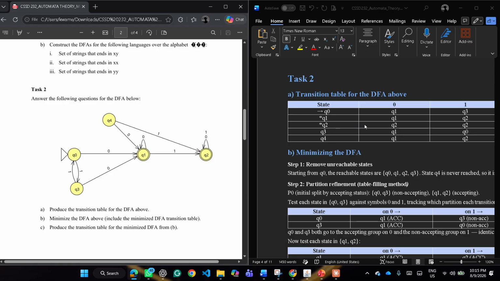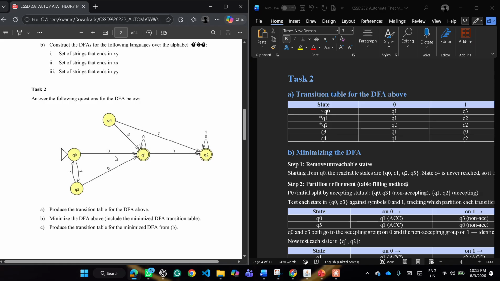And then in the transition table, what we do here is that we use the same approach we are seeing in the diagram to derive the transition table. We use the arrow which is pointing to Q0 to also point to Q0 in the table form, and then we use the star to indicate the accept state.